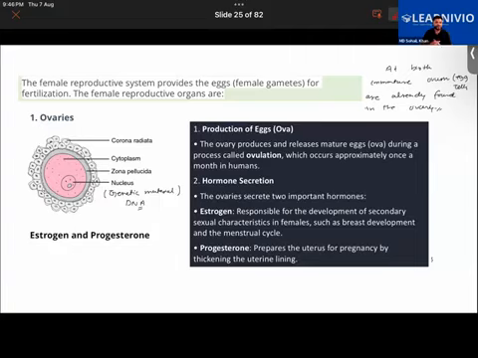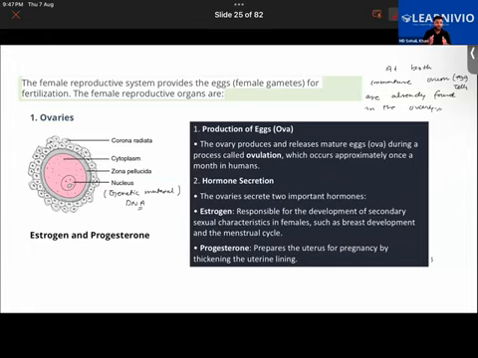As the boys start to develop facial hair, hair in the armpit, the height increases, the voice changes, muscle mass increases. Similar kinds of changes, and slightly different changes, are happening in the females. Like the mammary gland develops, so the breast develops.